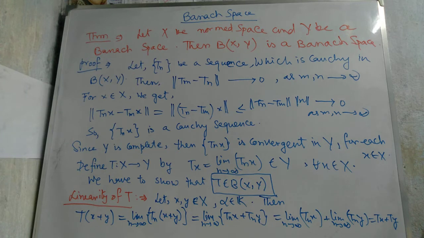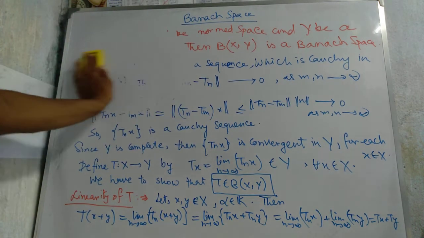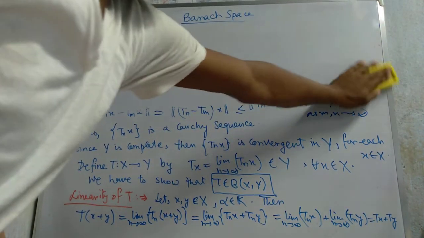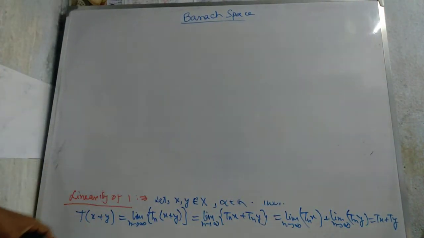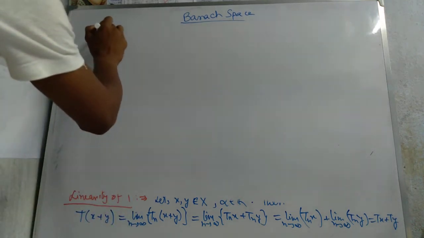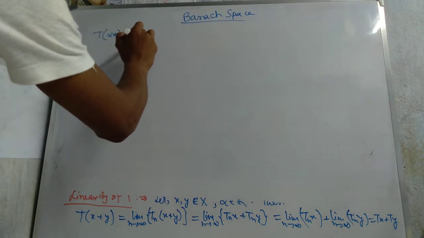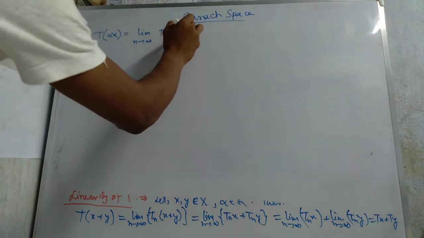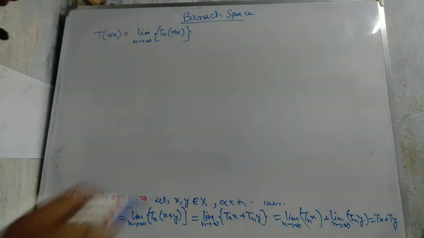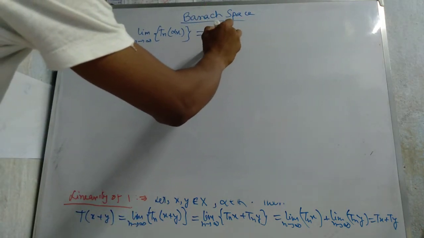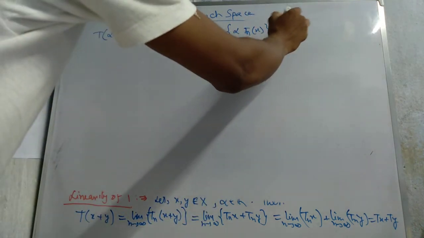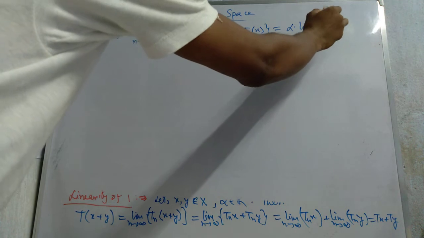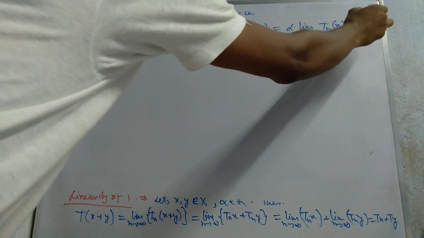Okay, now we erase the above portion. Now we say that T of alpha x equals the limit as n tends to infinity of Tn(alpha x), which equals the limit of alpha times Tn x, which equals alpha times the limit of Tn x, equal to alpha Tx.